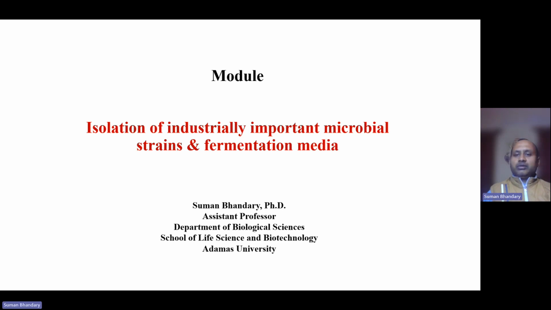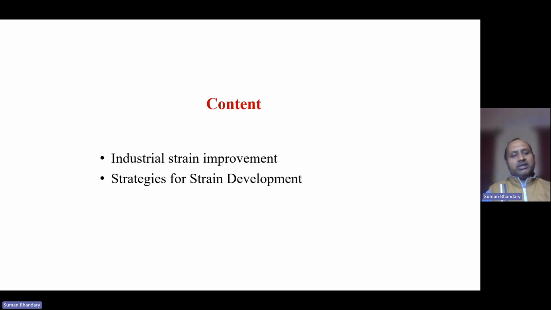We have discussed about culture collection, their role, and we have discussed about the preservation methods of the isolated industrially important microbial strain. Today, we will be discussing on industrial strain improvement and strategies for strain development.